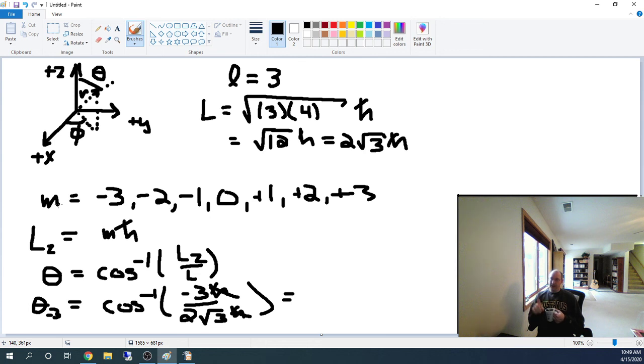L pops out of the theta dependence and M pops out of the phi dependence. Then what we find, like usual, whenever we've been dealing with quantum mechanics with the Schrodinger equation, is that when that pops out, it's constrained to be an integer because of some boundary condition. In this case, the boundary conditions on the angle.